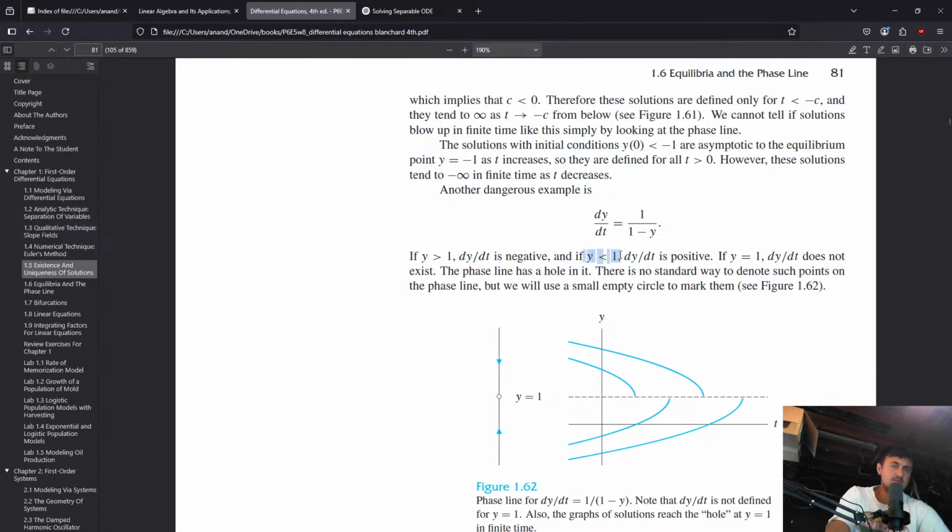If y is less than 1, right, okay, yeah. If y is equal to 1, then dy/dt does not have, yeah, so the phase line has a hole in it.